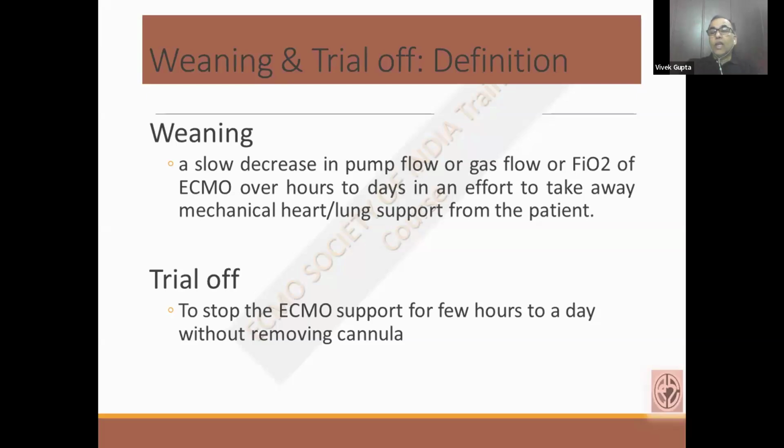If it is VV ECMO, then the lung has to participate in gas exchange. And when it is VA ECMO, the cardiac function should be able to sustain the cardiac output and maintain the hemodynamics. This is done over hours or days by reducing slowly and keeping close vigilance and monitoring of it.